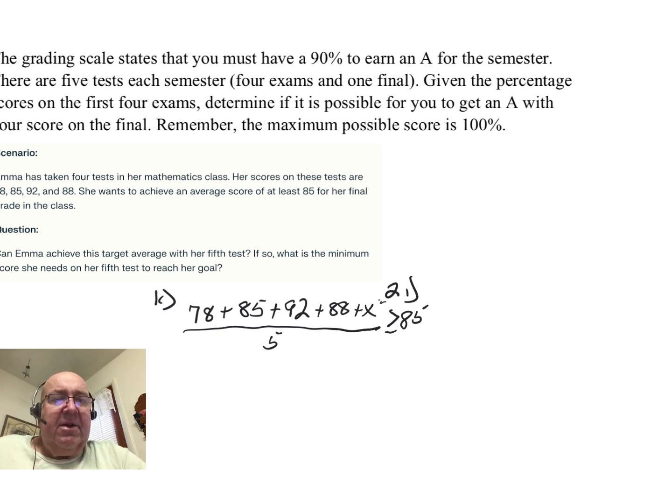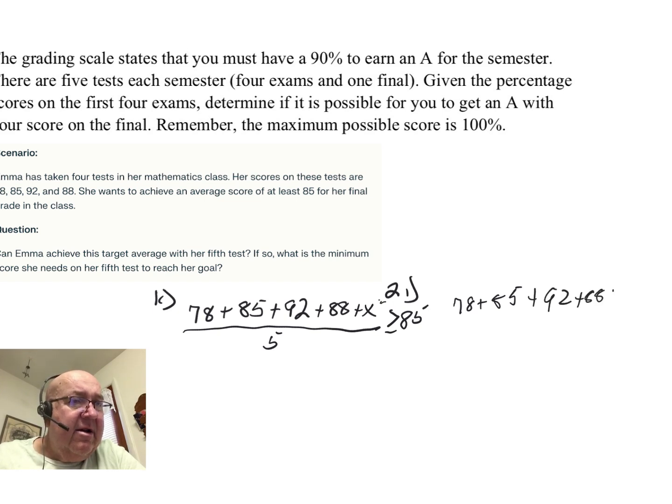The second way you can write this is to take that dividing by 5, or finding the average, out, and find the total number of points that you need in order to receive that B. So again, we're going to write 78 plus 85 plus 92 plus 88 plus x, and we're going to have that greater than or equal to 425 points.